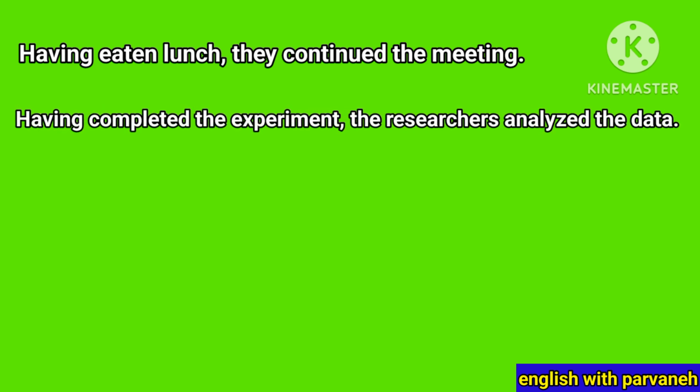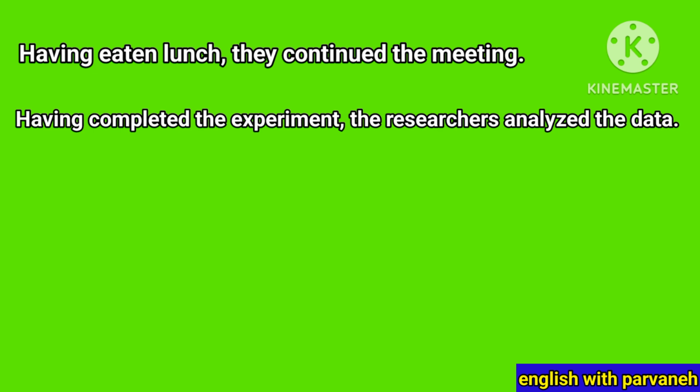The third example, having completed the experiment, the researchers analyzed the data. What does it mean? It means after they completed the experiment, the researchers analyzed the data. First, they completed the experiment and then researchers analyzed the data.